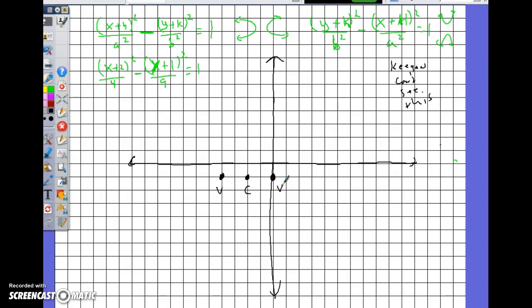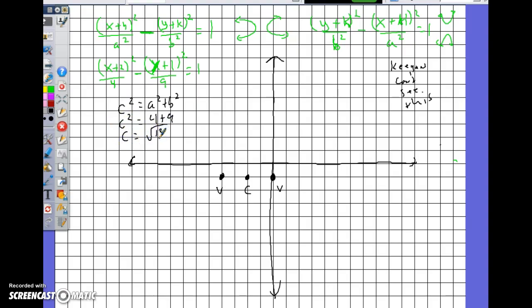Next thing's foci. Foci is a little different too. Your foci is plain old Pythagoras. So it's going to be c squared equals a squared plus b squared. So that would be 4 plus 9 equals c squared. So my foci would be at square root of 13.